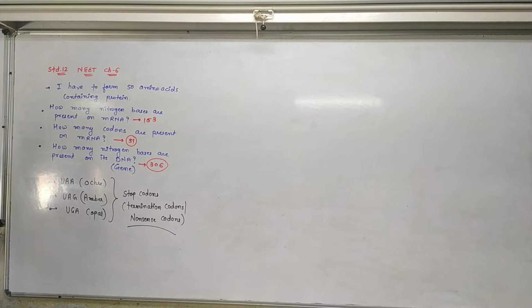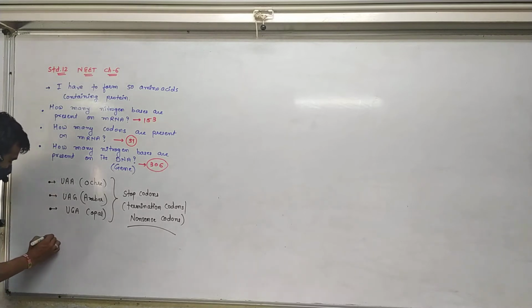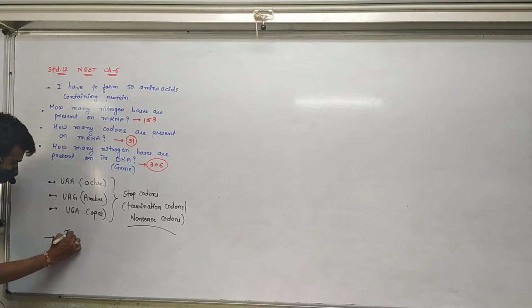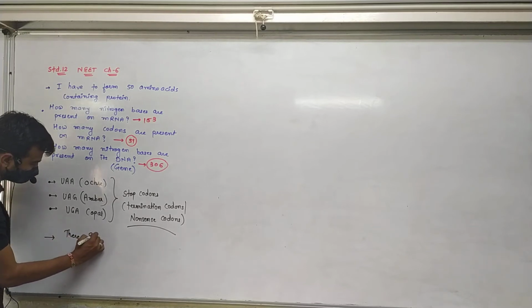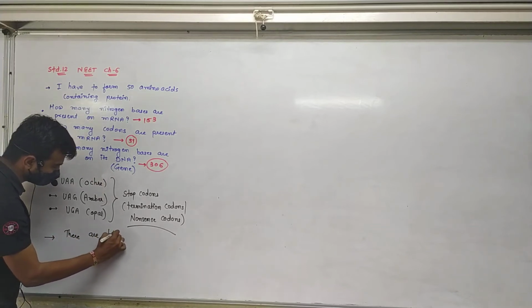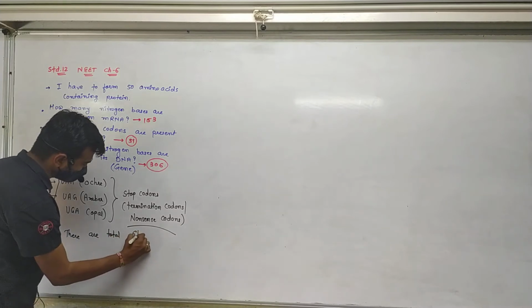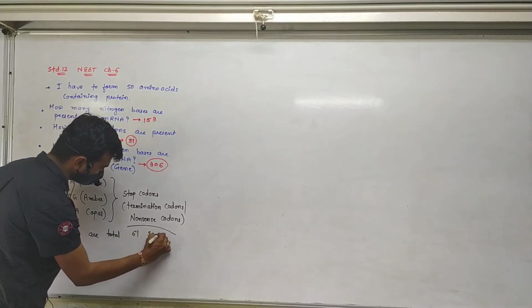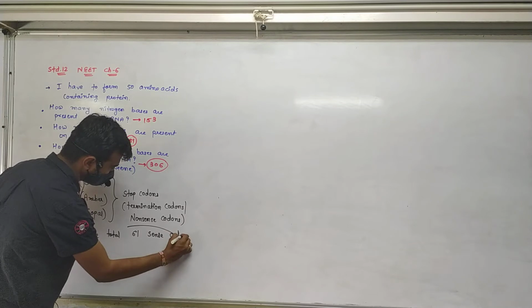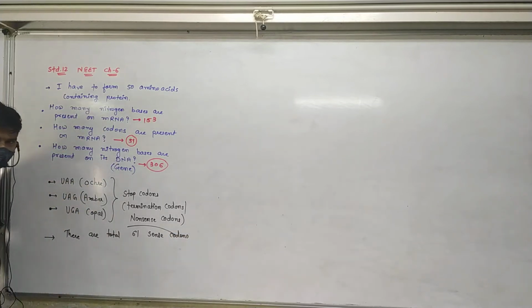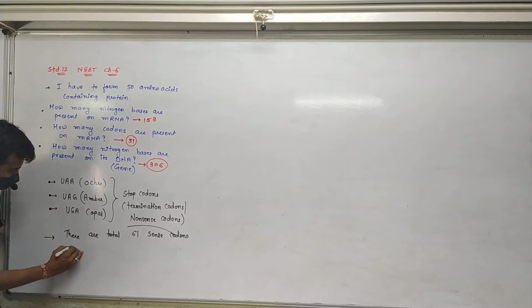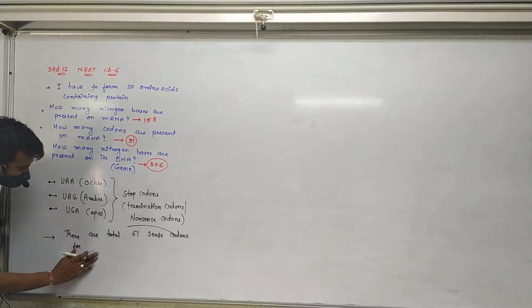So that's why this sentence is easy to understand. There are total 61 sense codons for 20 amino acids.